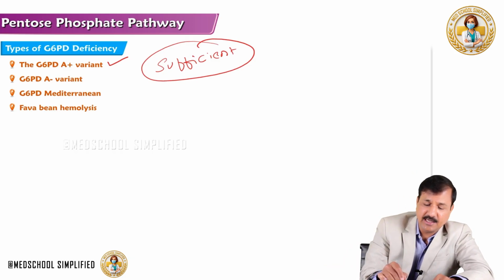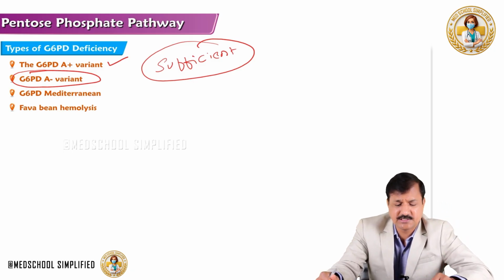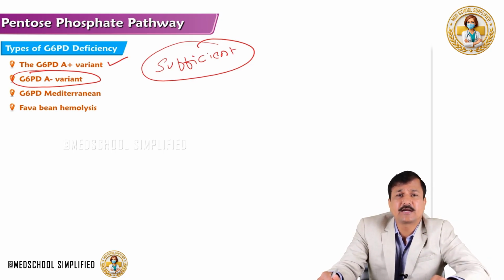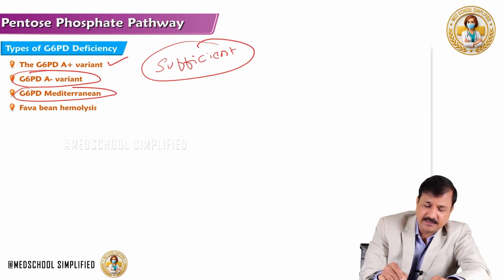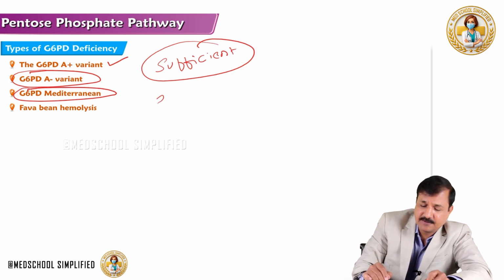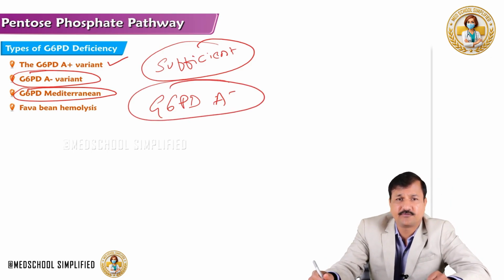Now, G6PD A minus variants, the deficiency of G6PD is significant here, and these patients will show hemolysis upon any triggering event that we have seen. Now, G6PD Mediterranean variant. G6PD Mediterranean variant is a G6PD A minus that is seen in the Mediterranean region, and usually it is a severe form.